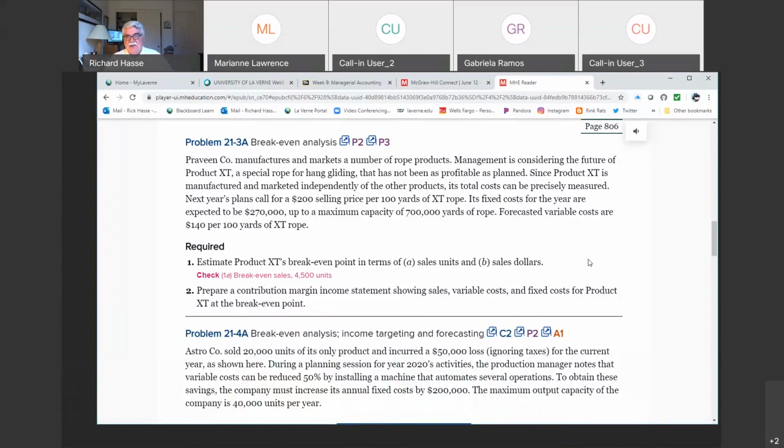And what I would like you to try to do right now on your own, and here you know you're on the right track, here's the answer given to you in the problem, but I want you to take the information in this problem, the selling price of $200, fixed cost of $270, and a variable cost of $140.